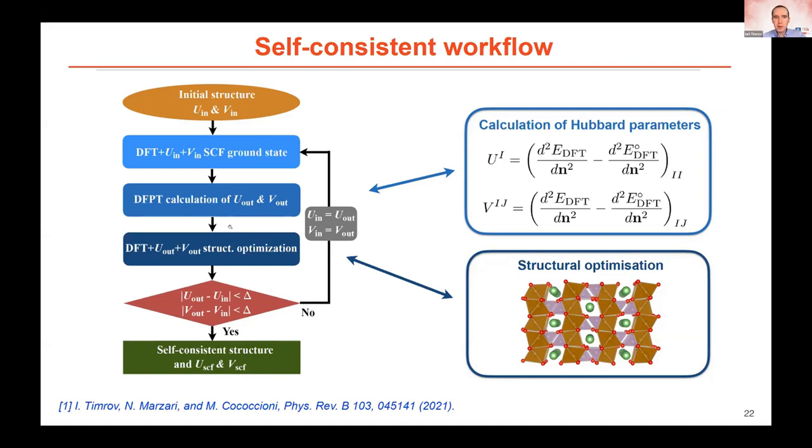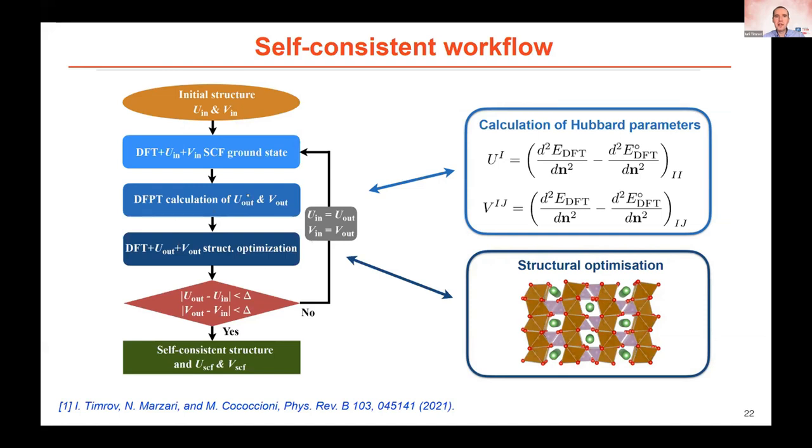This is so because we performed structural optimization using U and V. So our ground state has changed, our geometry has changed, and that's why the U and V will also be different. So now with updated U and V, we do a new optimization. Now again the structure changes a little bit, and we go one more time back. We recompute the ground state. Essentially, we do this double loop. One loop is the structural optimization, and the second loop is the recalculation of Hubbard parameters.